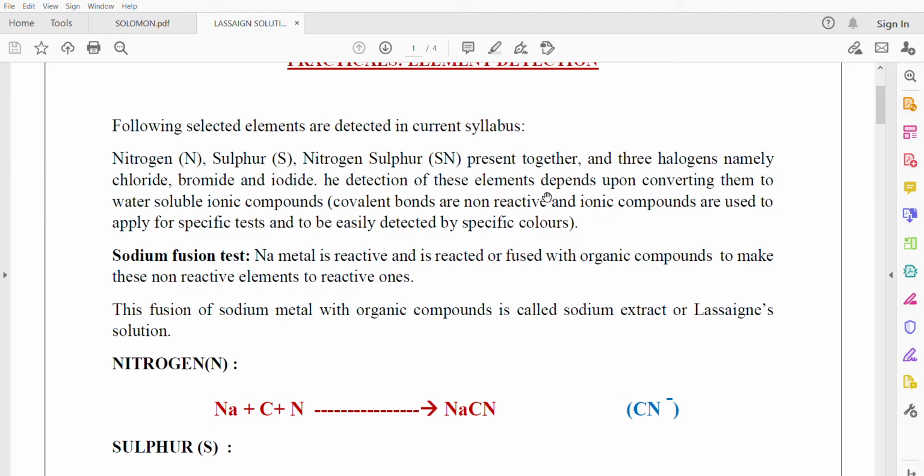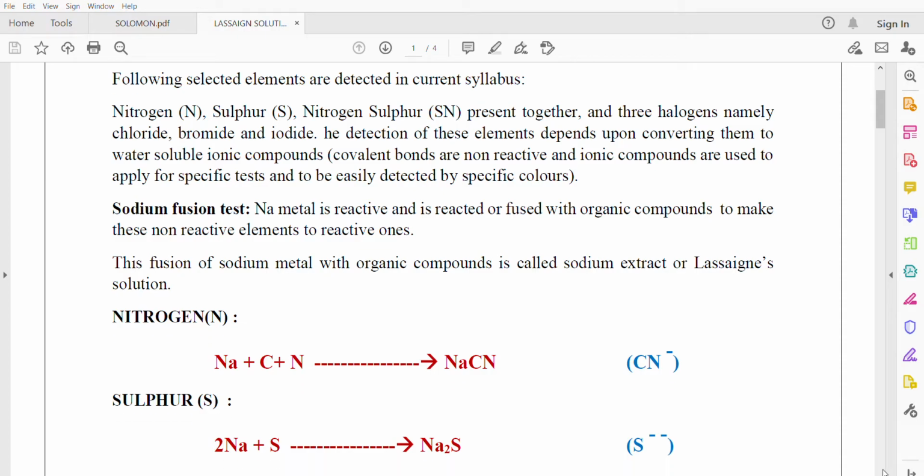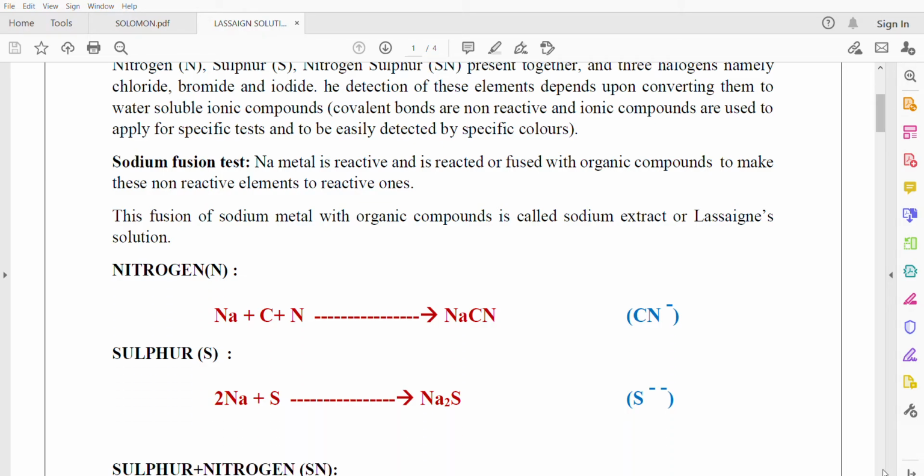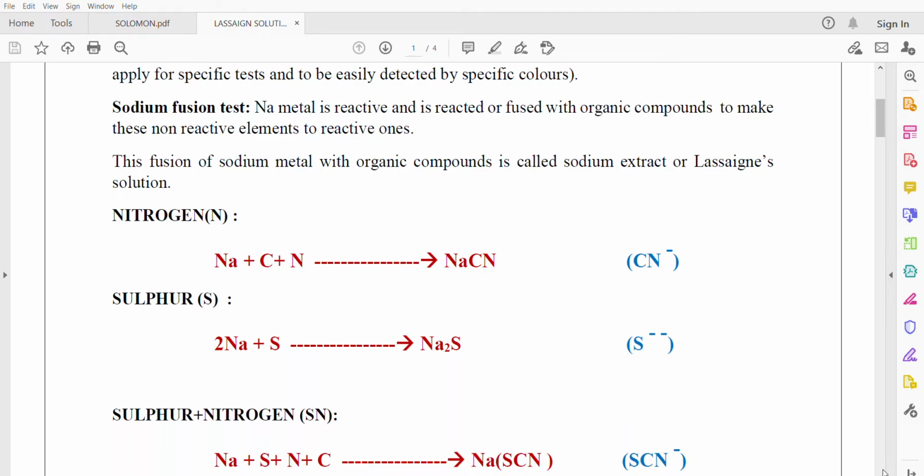The detection of these elements depends upon converting them to water-soluble ionic compounds. You know, I told you that covalent bonds are non-reactive. Therefore, ionic compounds are used to visualize colors or precipitates, and it is easy for those compounds containing these elements.